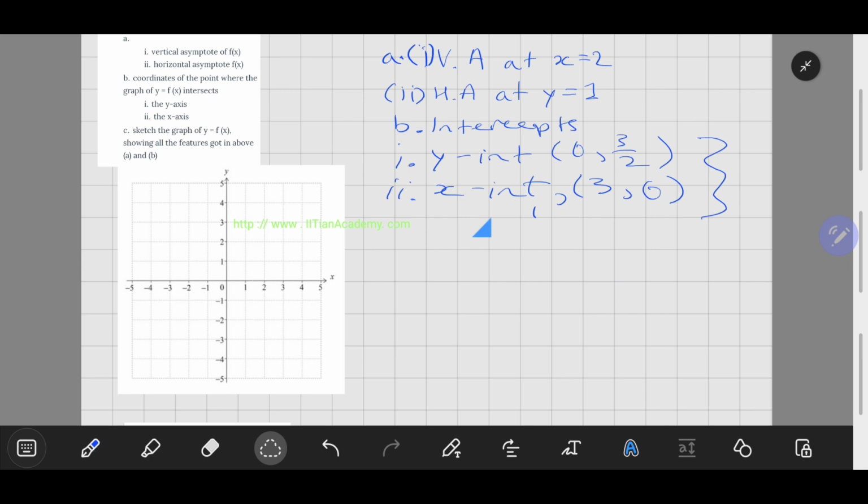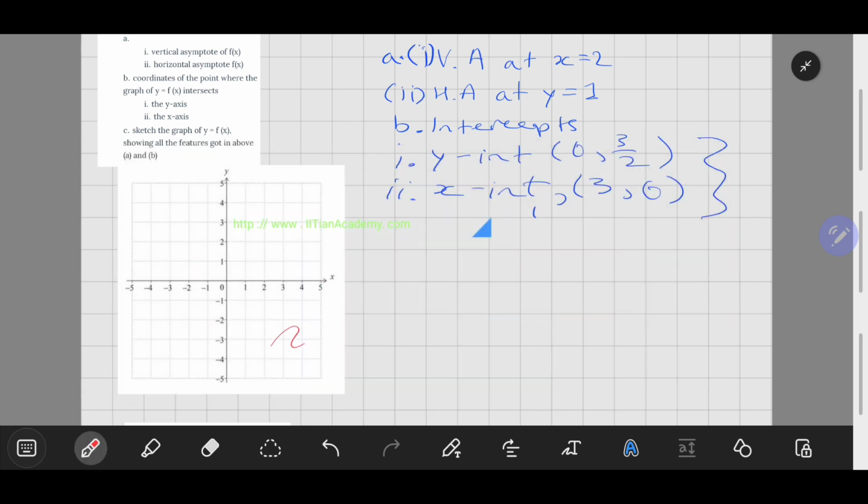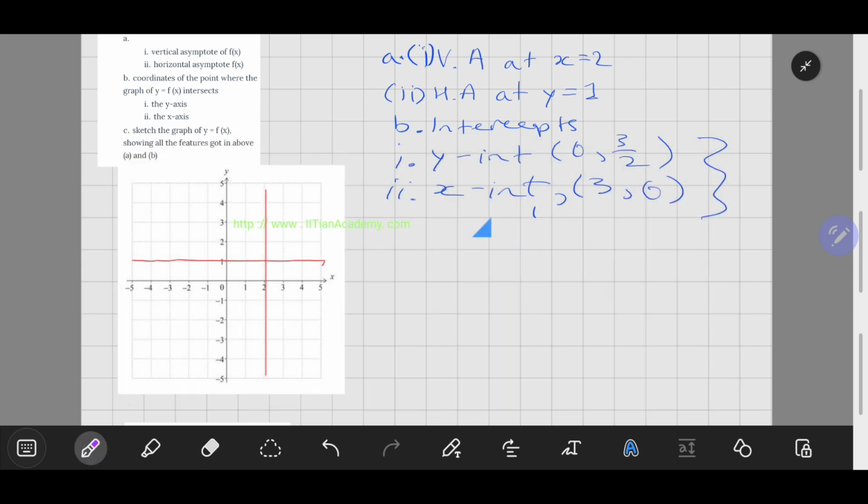Our vertical asymptote is at x is equal to 2, right there, and our horizontal asymptote occurs at y is equal to 1, right there.